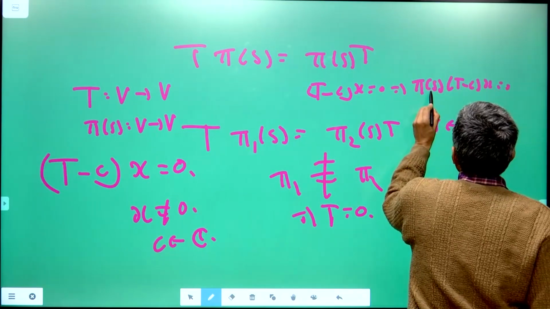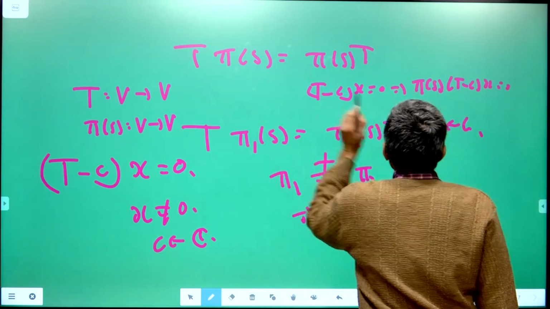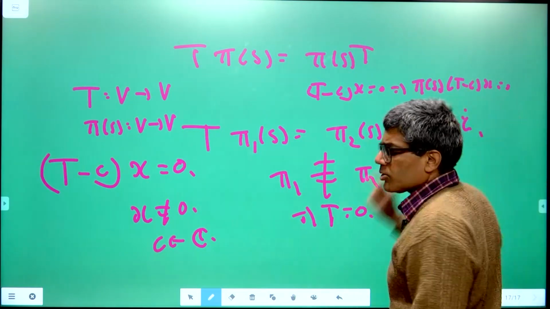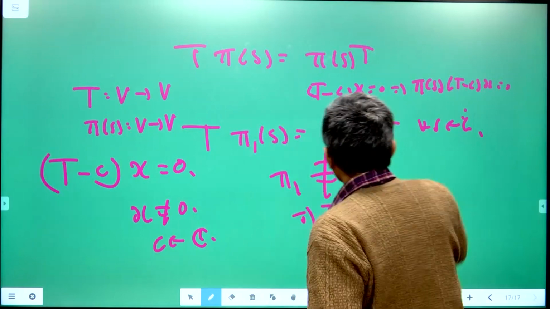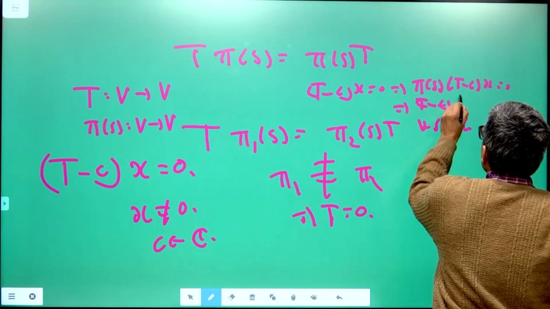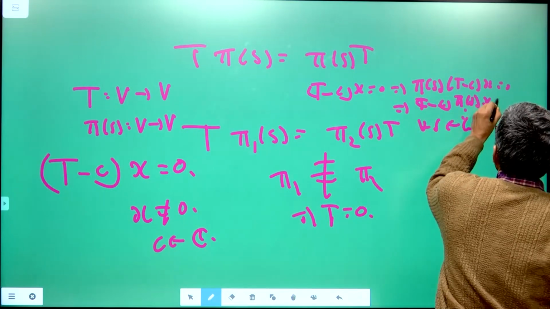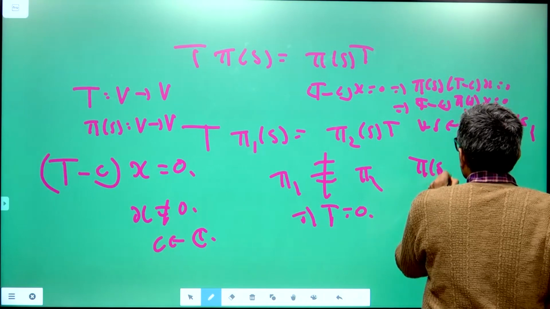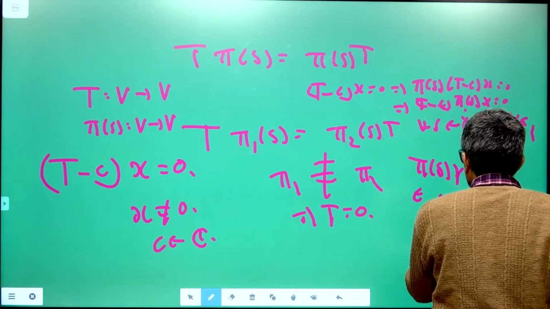Since pi g commutes with T, pi g also commutes with a scalar multiple of the identity. So pi g commutes with T minus C. That will imply that T minus C pi g x is 0 for every g contained in G, which will imply that pi g x is also in the null space of T minus C.